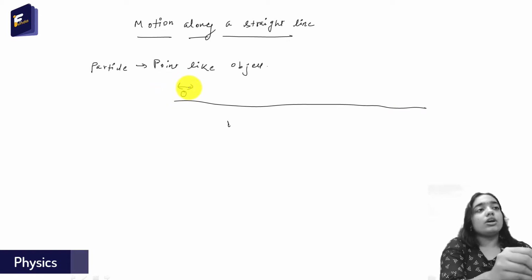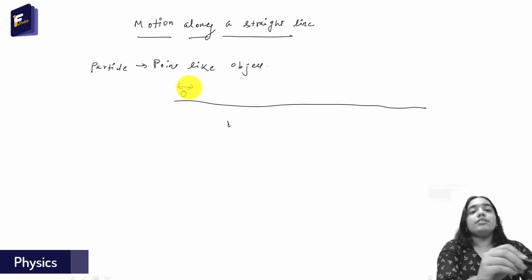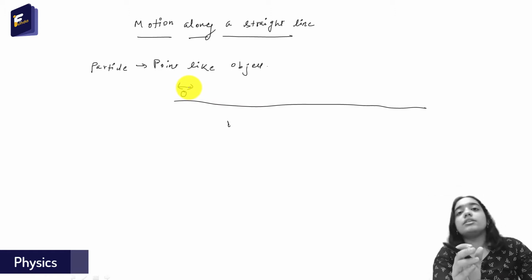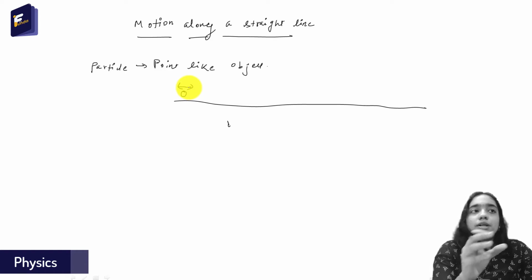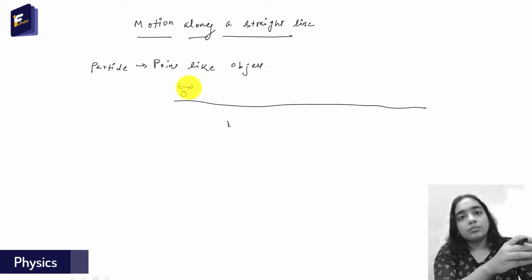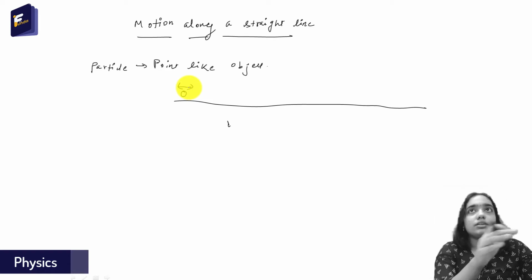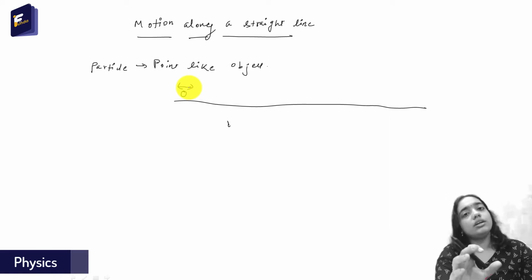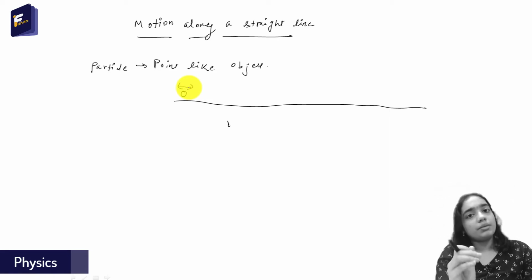Okay. So even a car can be considered as a particle, because it can also be a point-like object. If the car covers a long distance, means the distance it covers is very large in comparison to the size of the car, then the car can also be a particle or a point-like object.